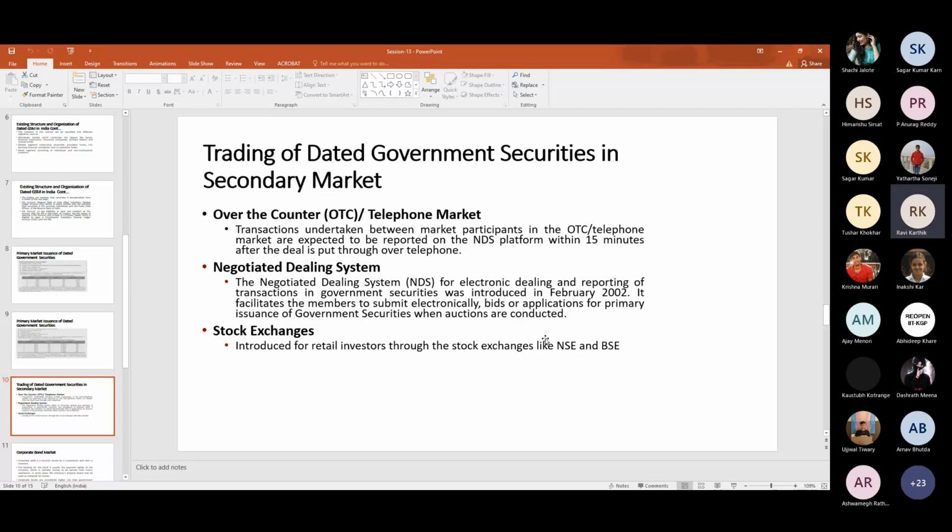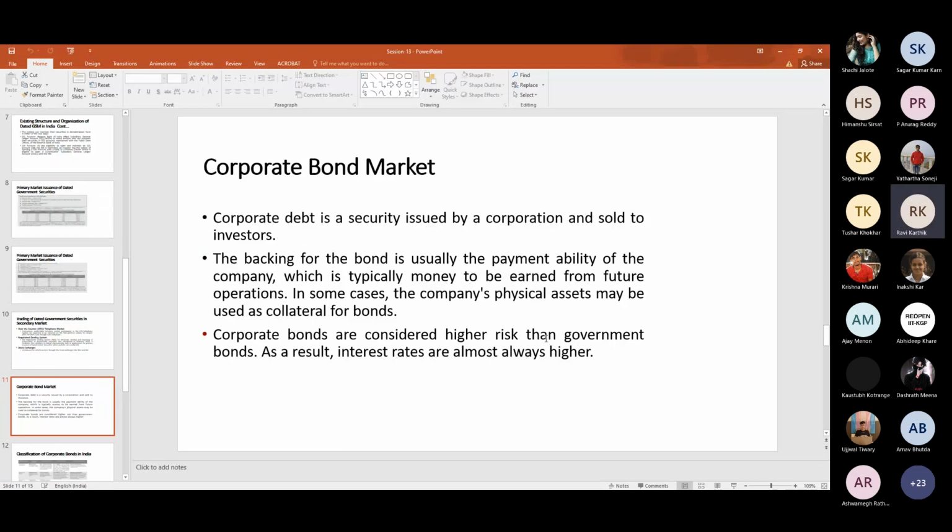Then we have a question: could you elaborate a bit on the difference between treasury bills and government securities? Treasury bills are short term. The maximum term to maturity of treasury bills is 364 days. These are short term securities issued by the Reserve Bank of India on behalf of the government.